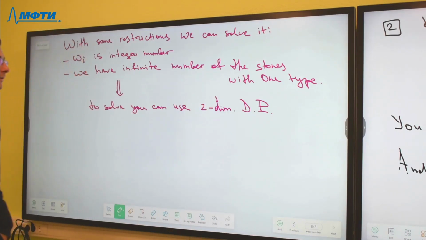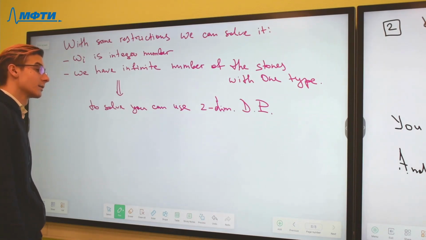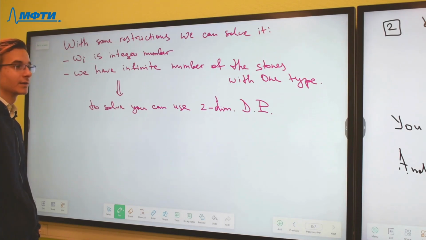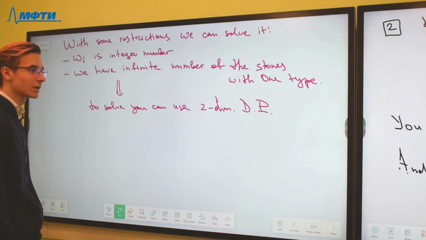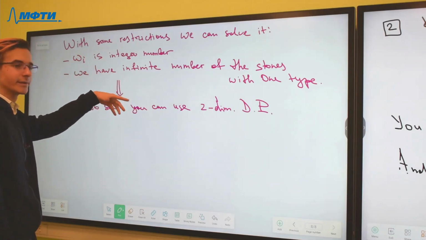As you see, in the common case the knapsack problem is very hard to solve, and we don't know how to solve it in polynomial time. But with some restrictions, we can solve it with dynamic programming.